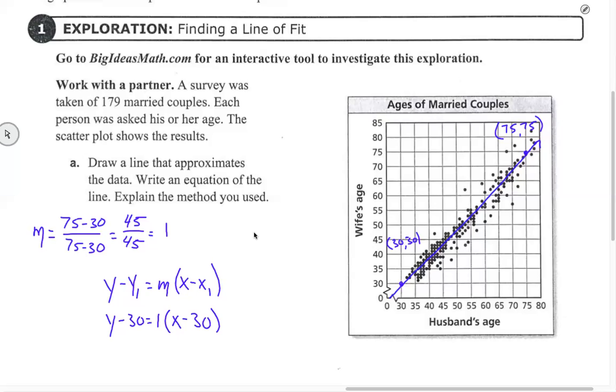And I got hired here in 2007. So I took all of those points and had kids plot them and we calculated the line of best fit. And then we used that line of best fit to make a prediction about what the gas prices would be in 2008, based upon the gas prices in the 1970s. And guess what we found? We were within like 3 cents of what they should have been. Crazy, right?